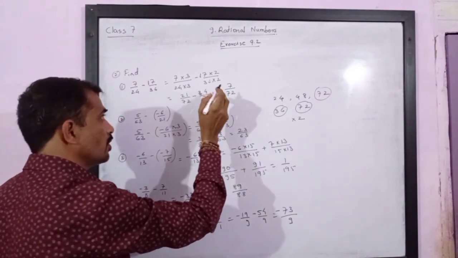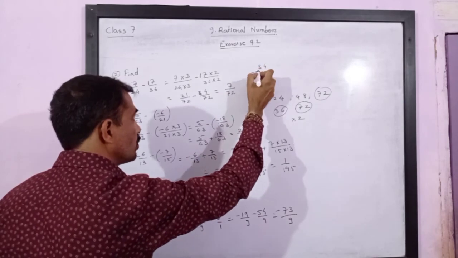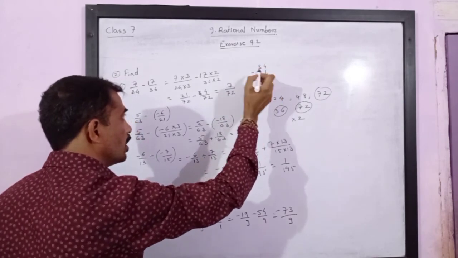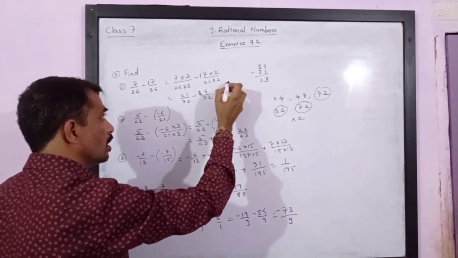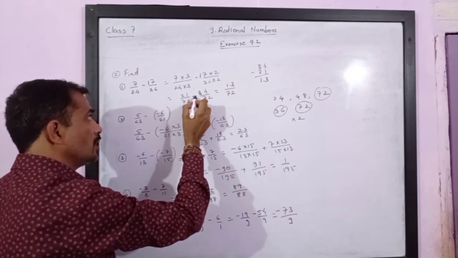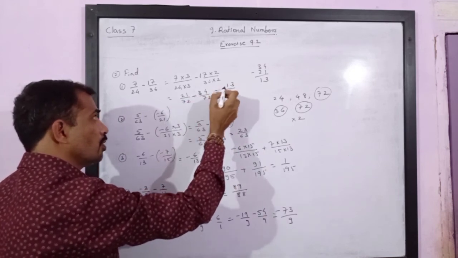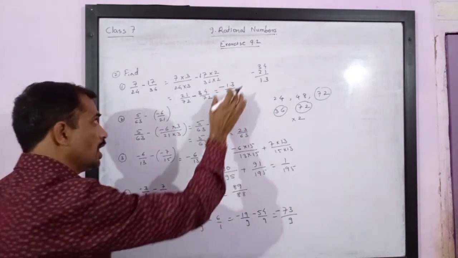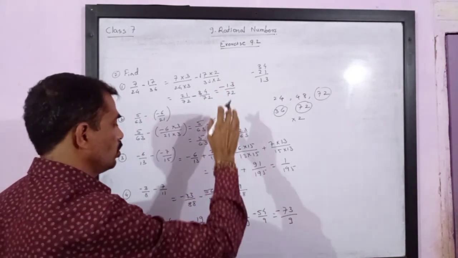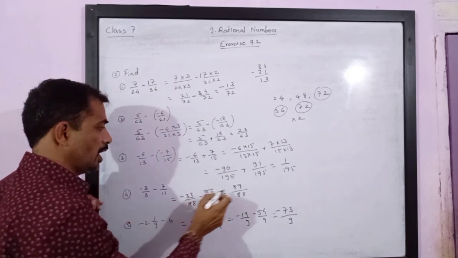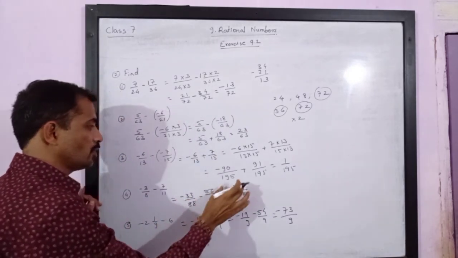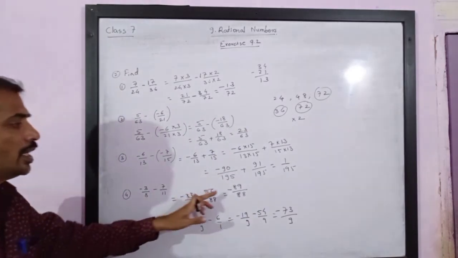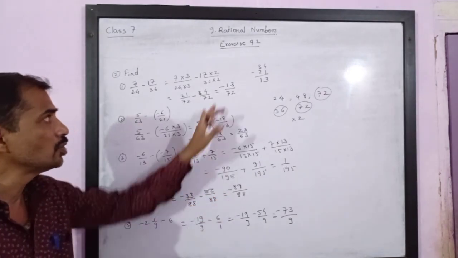So 34 minus 21 is 13. Please note, negative integer is 34, which is bigger magnitude, so answer will have negative sign. Negative 13 upon 72, and here also both fractions are negative, so here also sign will be negative. So answer is negative 89 upon 88. Please do these corrections.